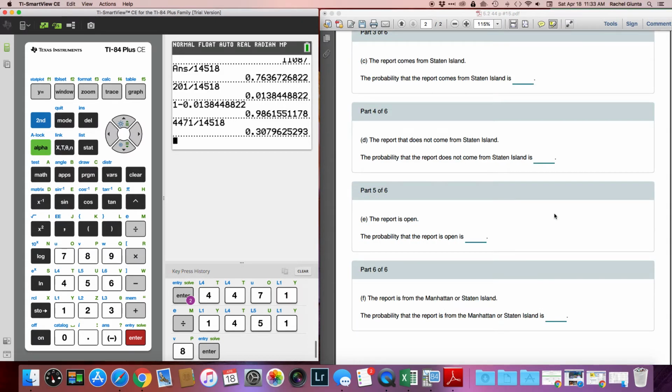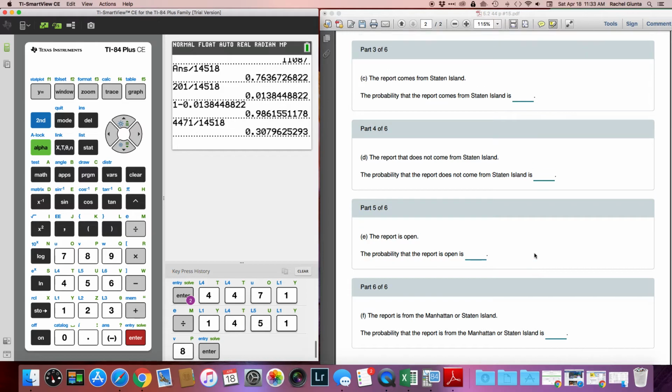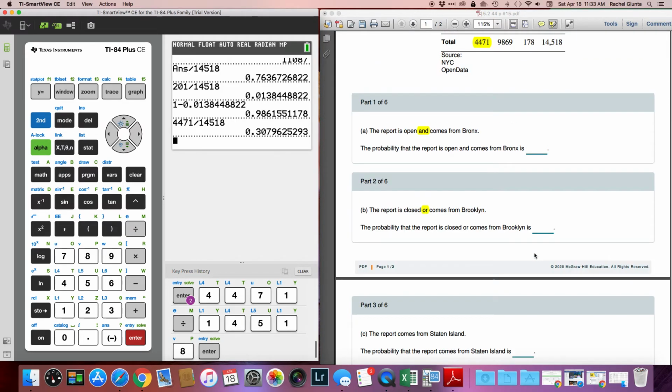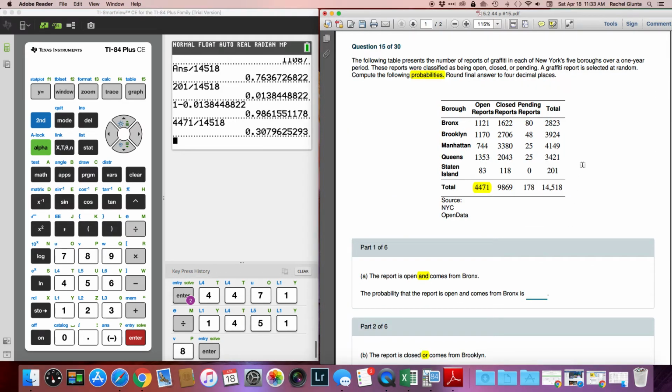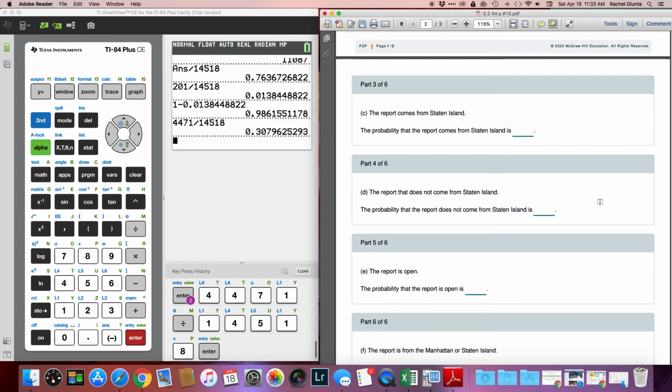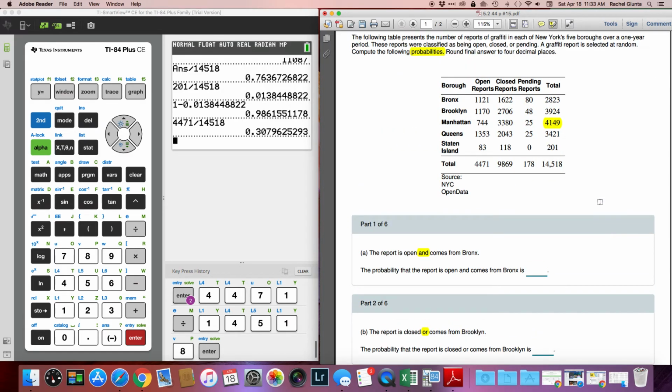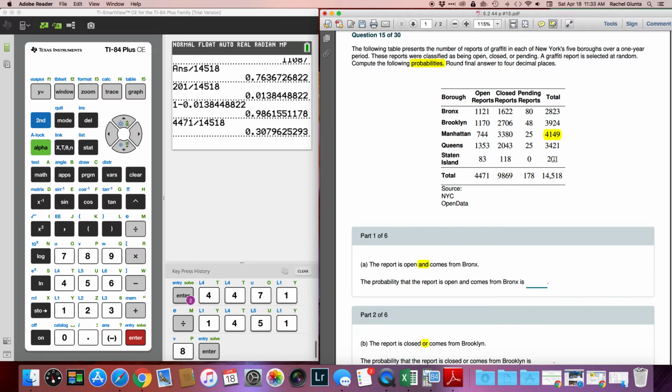And last one, report is from Manhattan or Staten Island. So again, it has the or in it, so we have to check and see if there's anything that would need to be subtracted that we're double counting. Look at the total for Manhattan and the total for Staten Island.